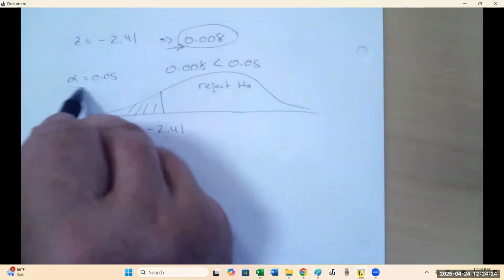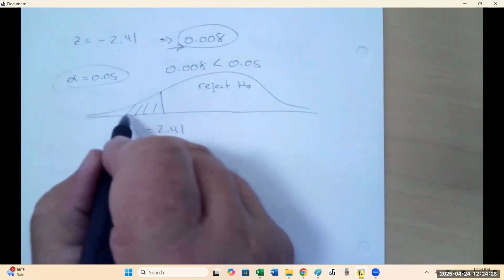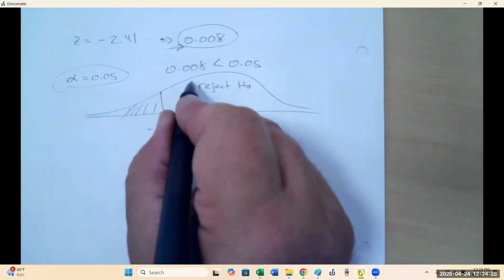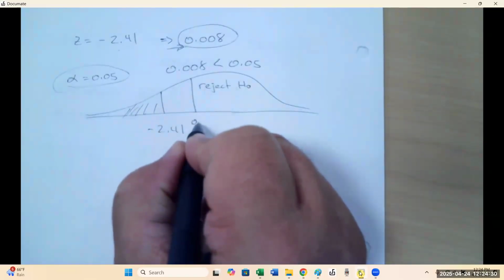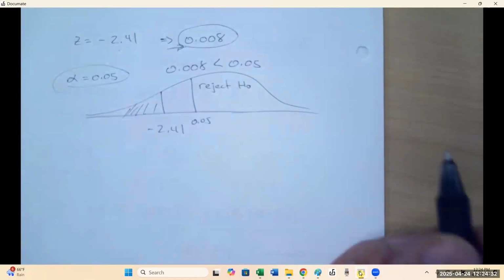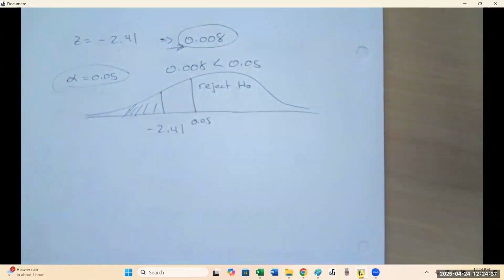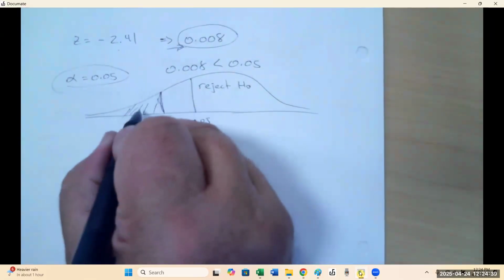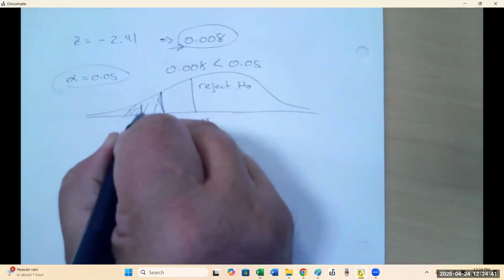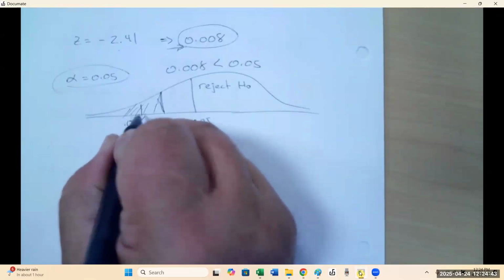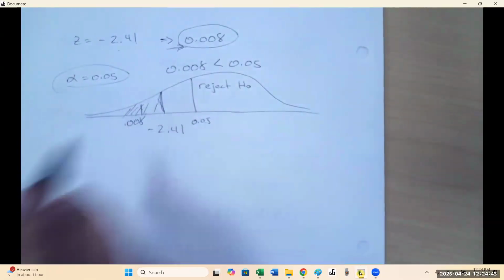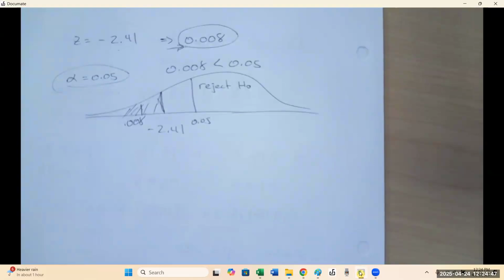And then now where's our confidence level? Our confidence level is out here. Well, this is our confidence level. And 0.008 falls inside there. Since it falls in there, we reject the null hypothesis, since our value falls in the critical region.